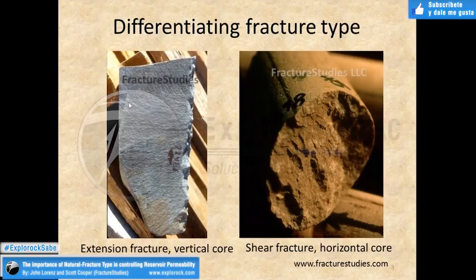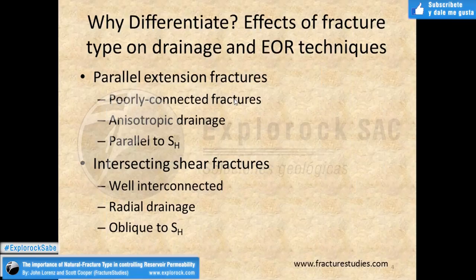We'll be talking very specifically about the difference of extension fractures, which have these plume structures, and this is a piece of vertical core with the plume structures, and shear fractures. This is also a piece of core, and you see the surface of this fracture has a very different texture, a different morphology. And what do the extension fractures do?